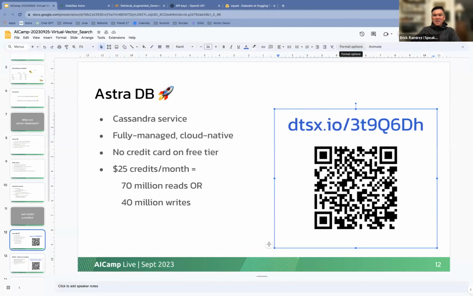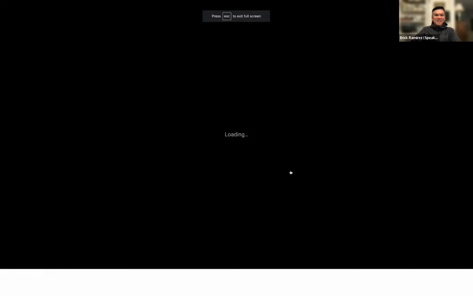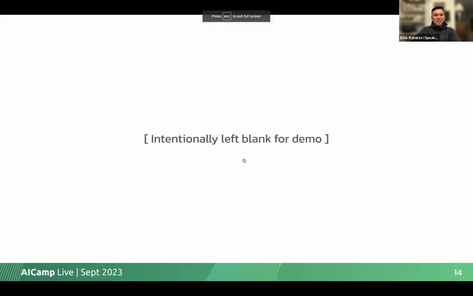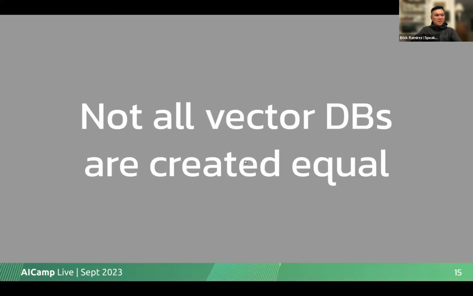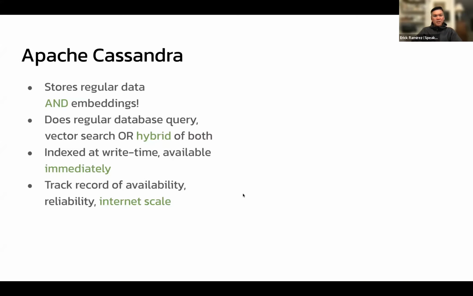So let's go back to this. We've done that demo, so now I'm going to push on. Here's the important thing. I've mentioned it quite a few times, and thanks for the fantastic questions, because it just keeps reinforcing that not all vector DBs are created equal.